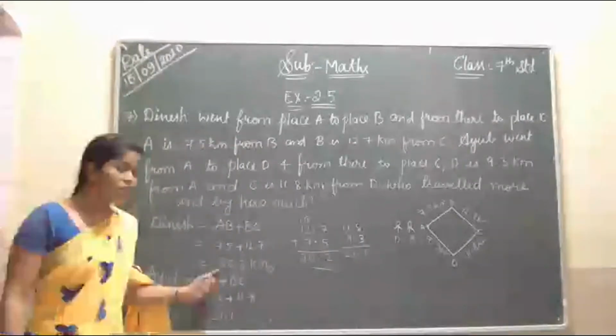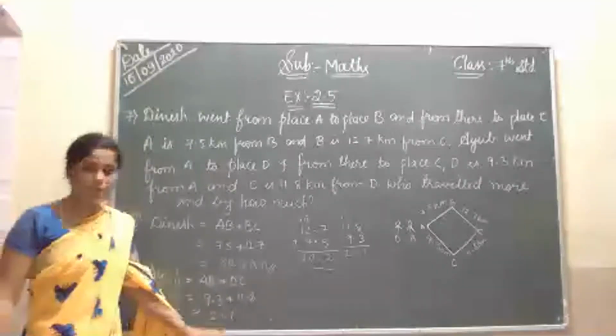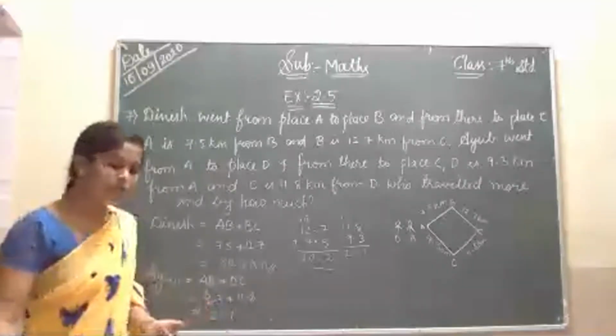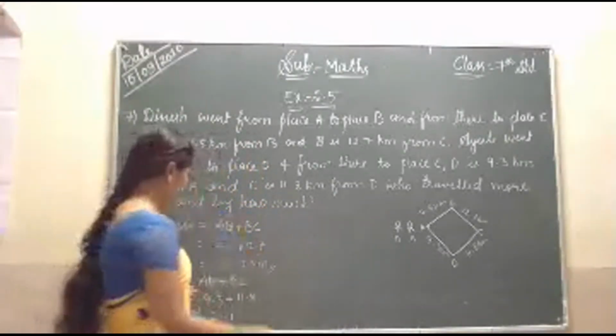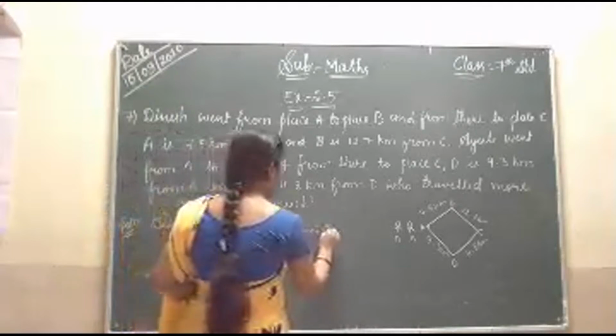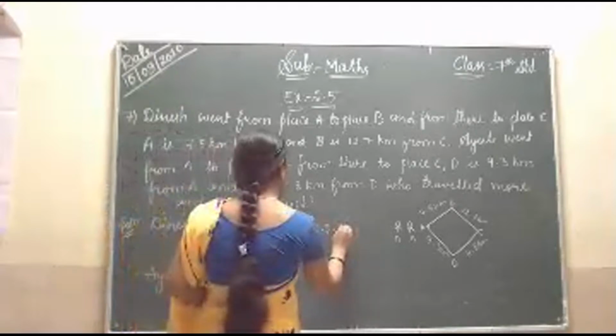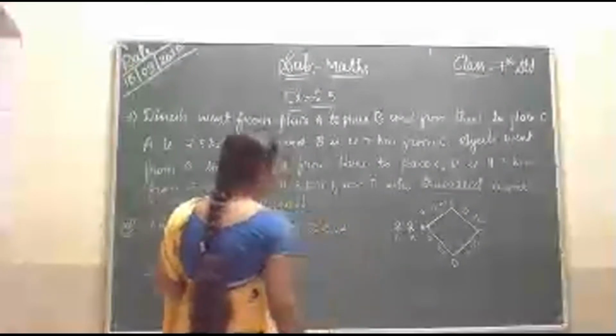Here the distance of Dinesh is 20.2 and the distance of Ayub is 21.1. So which is greater here? We have to compare. Ayub is greater. 21.1 is greater than 20.2.